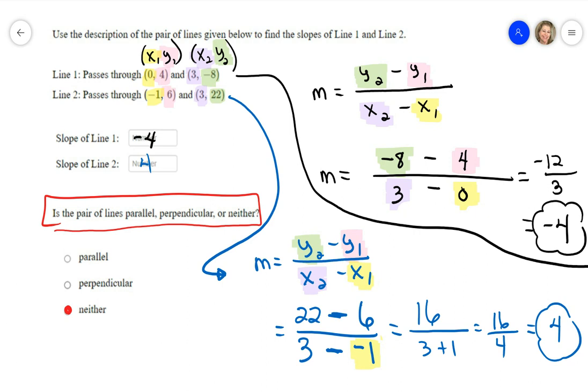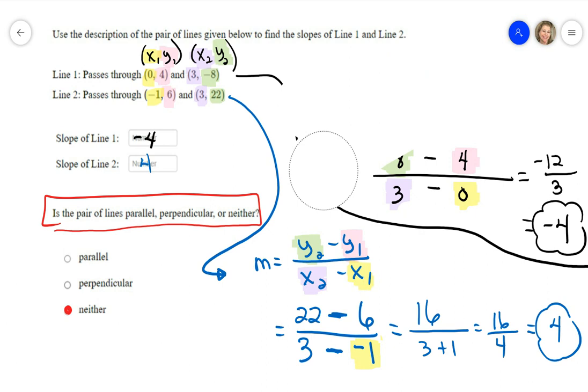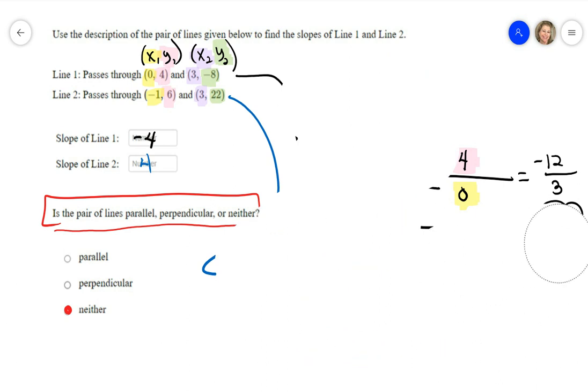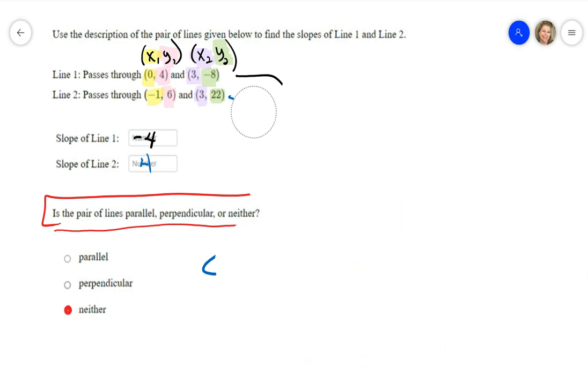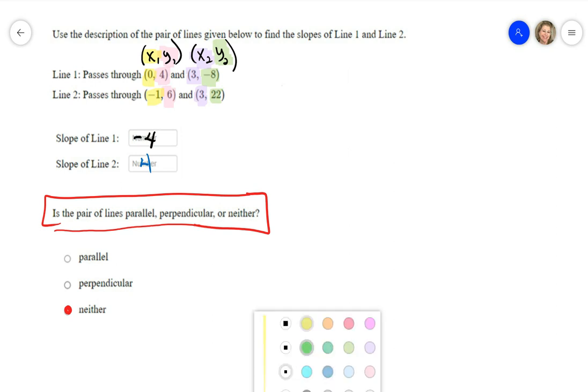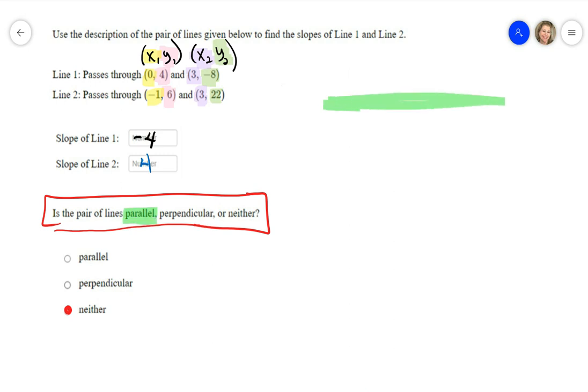If they're going to be parallel, the slopes would have to be the same. I'm just going to erase all this so I can do a little more explanation here because I've already got my answers. Parallel lines have to have the exact same slope.